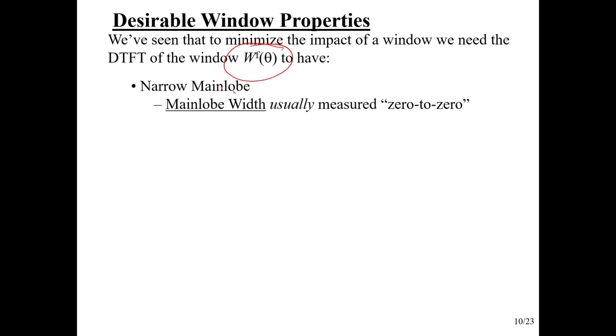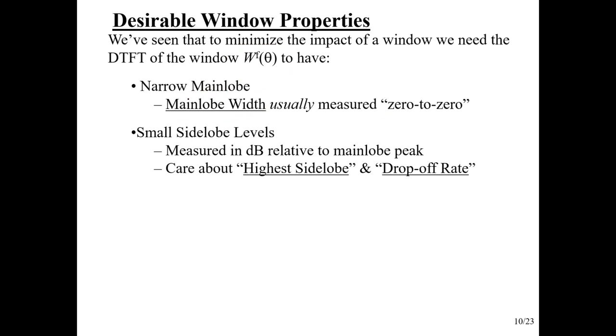But we talked about the main lobe width, which is measured 0 to 0, as we talked about before. There's a few alternate measures of main lobe width, but that's the most common. Side lobe levels, and the thing that we care about is the highest side lobe, which is not always the side lobe that's closest to the main lobe, but it's often the side lobe that's closest.